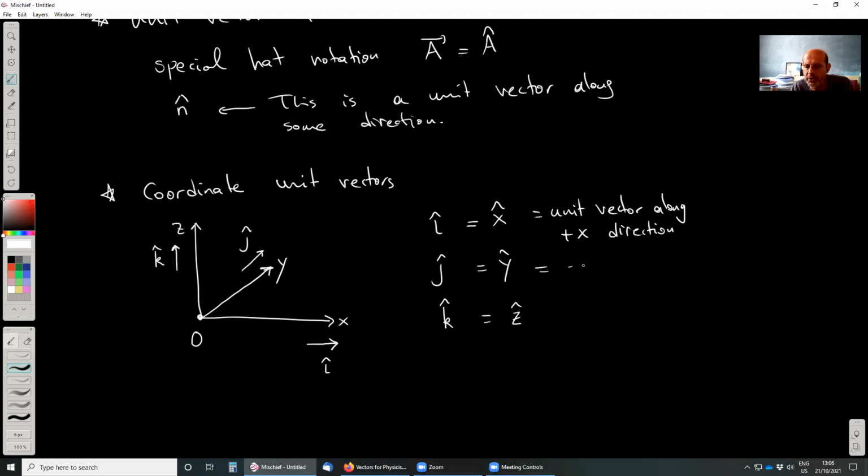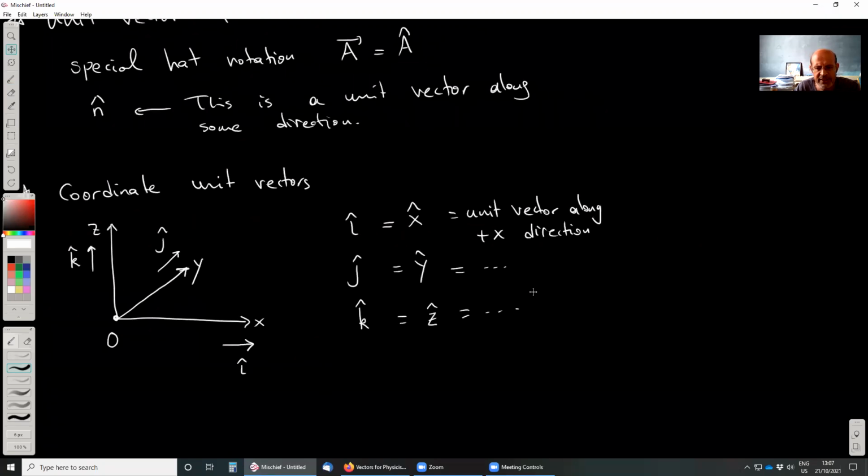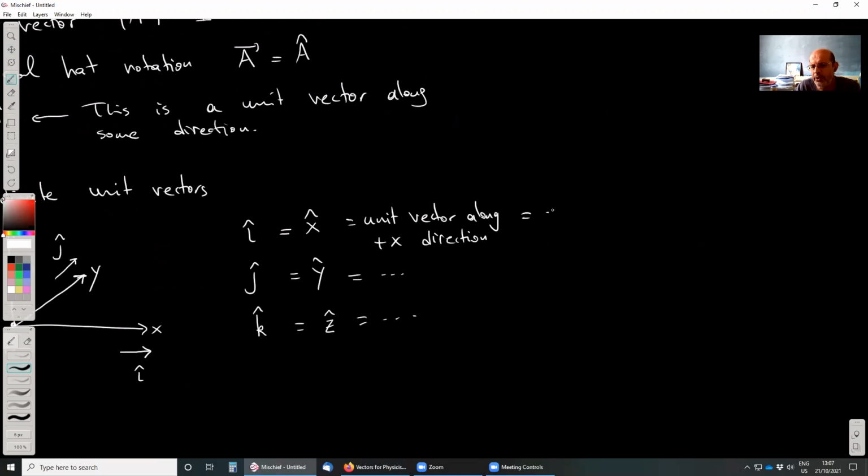I can also do the same thing for these other ones. Let me just add in here, sometimes later you are going to see that some people use other notations for these directions. In physics, sometimes we would like to label the coordinates as x1, x2, and x3, for example. In that case, we find it useful to show the unit vectors like that.